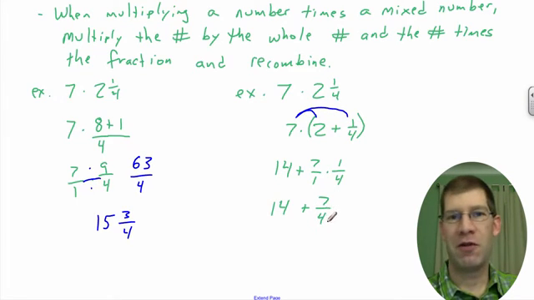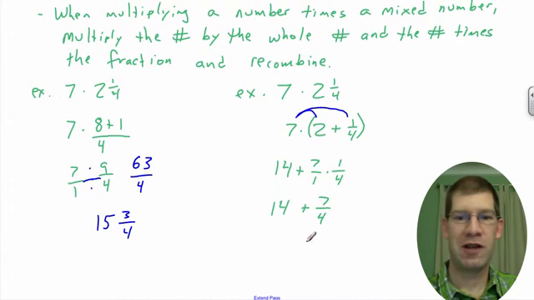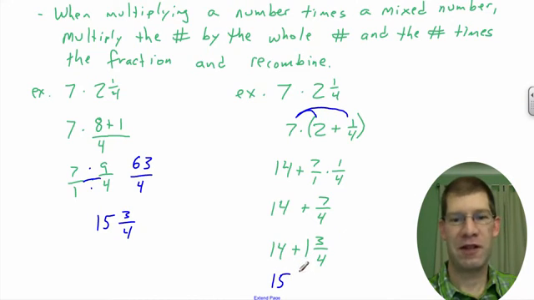Now I can take my 7 over 4 and change that back to a mixed number. 4 can go into 7 once, and that will take out 4 of my 7 up in the numerator. So then I have 3 left. So my 7/4 becomes 1 3/4. I have 14 plus that, for that same final answer. 14 plus 1 is 15 3/4.